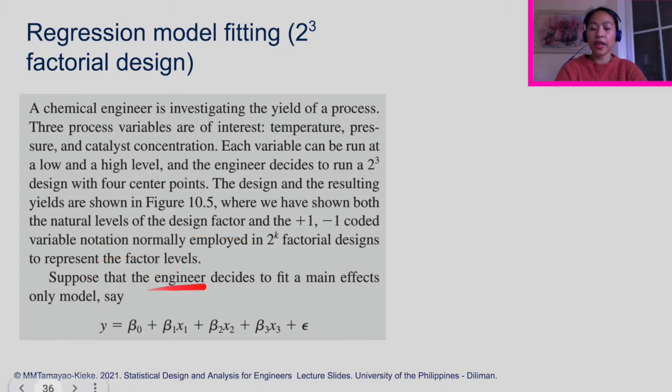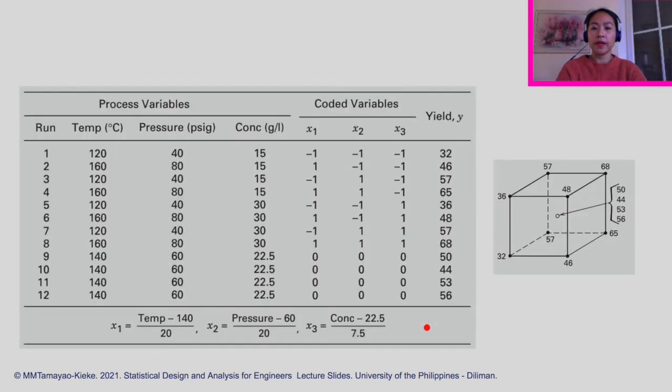Now, suppose that the engineer decides to fit a main effects only model, say y equals beta naught plus beta 1 x1 plus beta 2 x2 plus beta 3 x3 plus epsilon. So the interactions are left out in this regression model. So these are the given data, and this is also represented in this cube here.